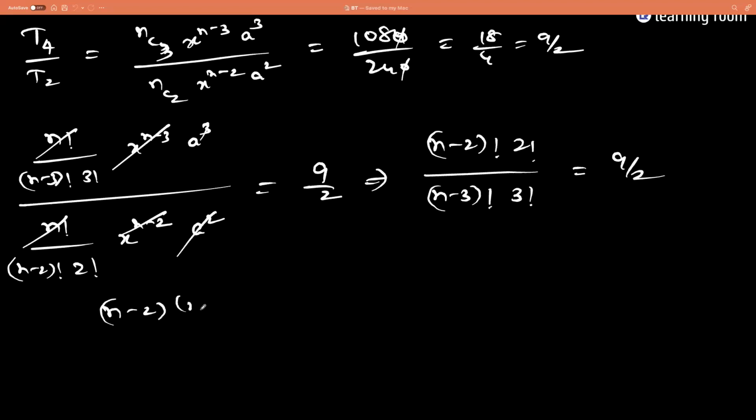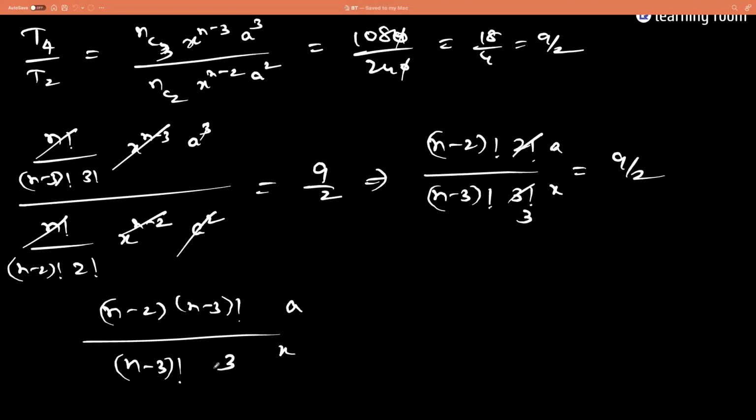So (n minus 2) into (n minus 3) factorial divided by (n minus 3) factorial into, you have a by x also, into a divided by x, and this will cancel this 3 times. So you have a 3 here.